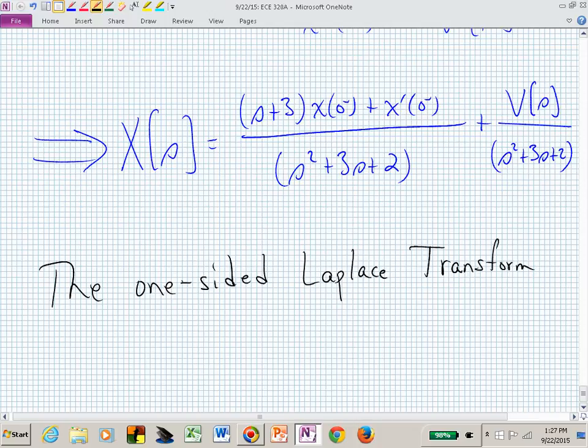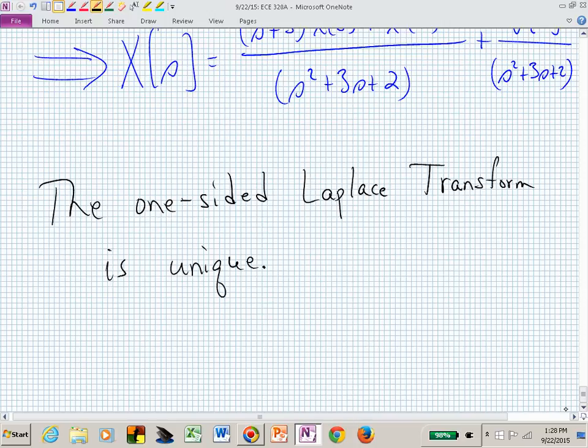the transform is unique. Meaning if you give me a little x of t, and compute the capital X of S, there's only one little x of t corresponding to that capital X of S. It's unique, the transform. The one-sided Laplace transform is unique, which is why we can use the tables to look up the relationship of these pairs.